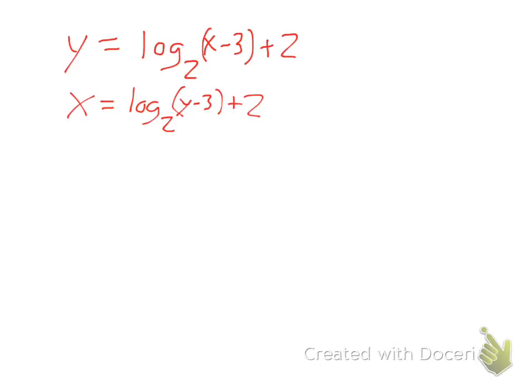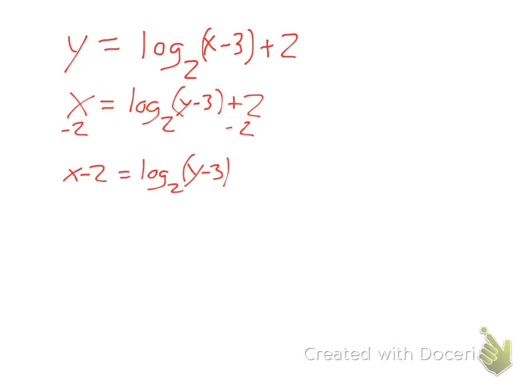And again, now that is actually part of the log. So this whole log base 2 of y minus 3 goes together, which means get rid of the 2. To get rid of the 2, you subtract it. And when you subtract it, now the x minus 2 part goes together.